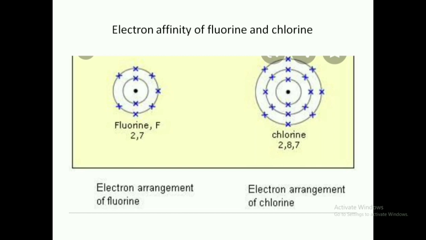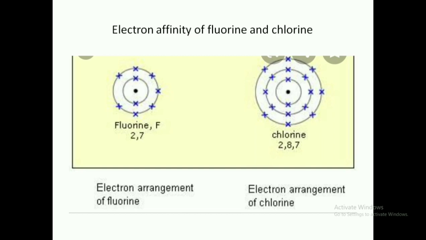And chlorine contains a total of 3 energy shells, and the outermost shell is the third energy shell. In the second energy shell, fluorine contains 7 electrons, and in the third energy shell, chlorine similarly contains 7 electrons.